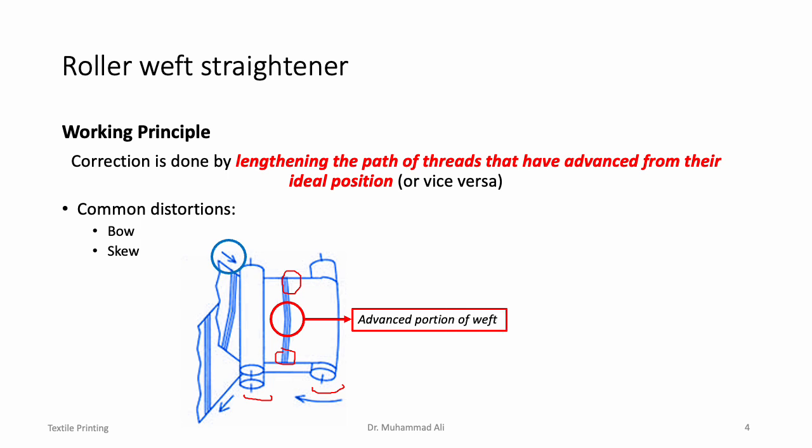So this is the advanced portion of the weft thread. In this case, the fabric is made to pass over a bow roller shown here. And because of the orientation of the bow roller, this central part or the advanced part of the weft thread will travel a greater distance compared to the other parts while it travels over the bow roller.